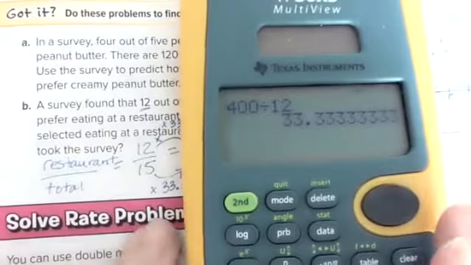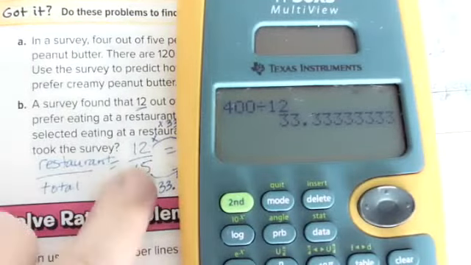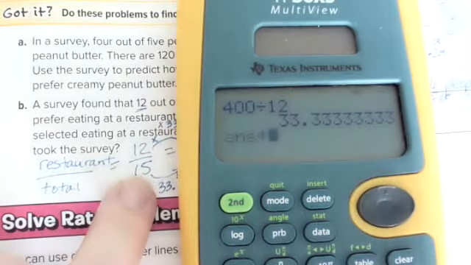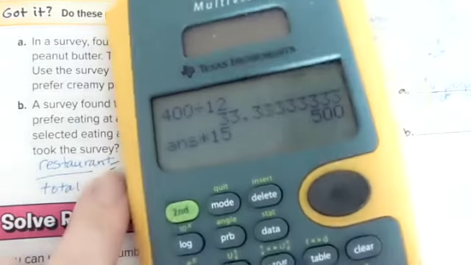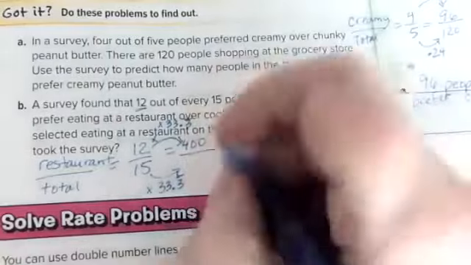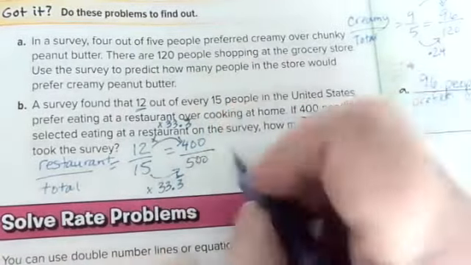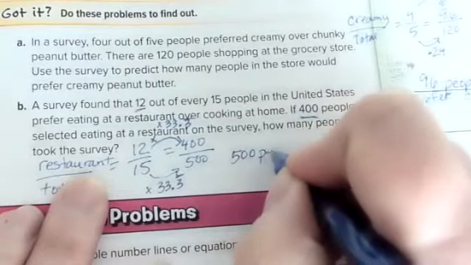I'm just going to leave it in my calculator because I already have the 33.3 repeating, and I'll multiply it by 15. So 33.3 repeating times 15, and we get 500. 500 people took the survey.